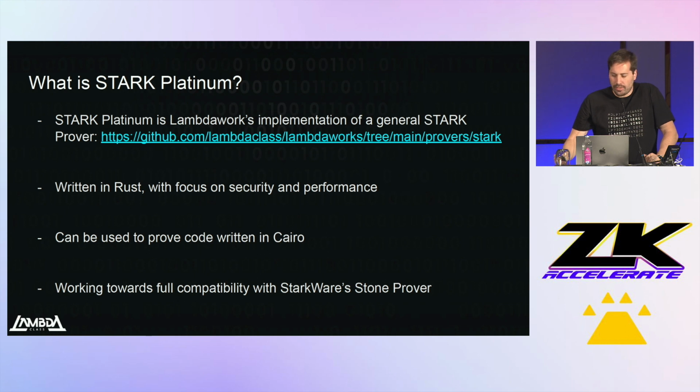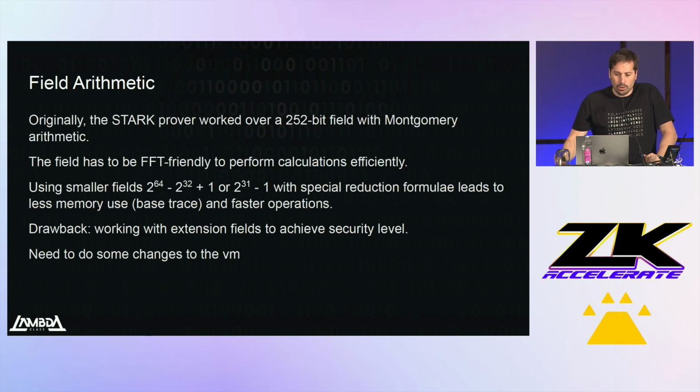So we saw that one of the things we have to do is FFTs, quotienting, and all that. All that is related to field arithmetic. So the original Stark prover works over a 252-bit field, and the best arithmetic we have is Montgomery arithmetic. And, well, we are constrained to use FFT-friendly fields to compute efficiently.